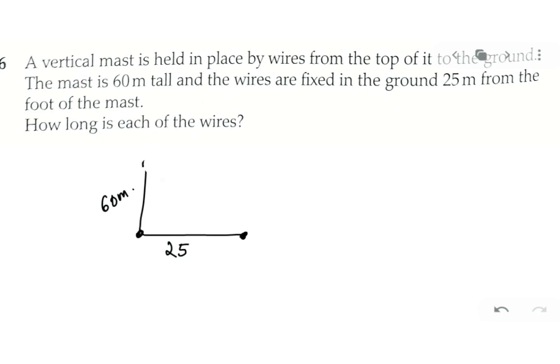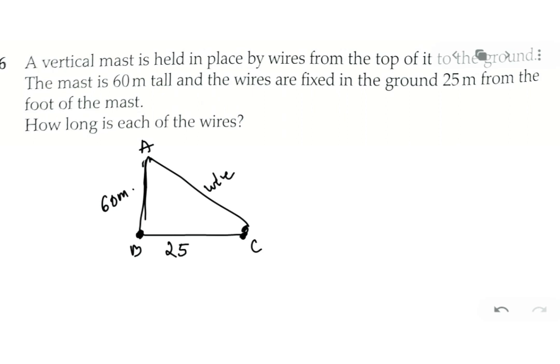So I'll just put this like this. So this is wire, and this wire is 25 meters away from the foot of mast and this is the height of mast. So I'll put it AB to be the height of mast. BC is the ground distance, AC is the wire that is holding the mast in fixed place.